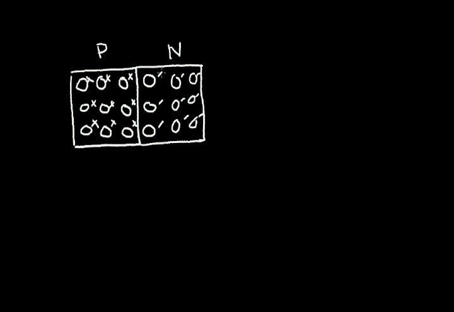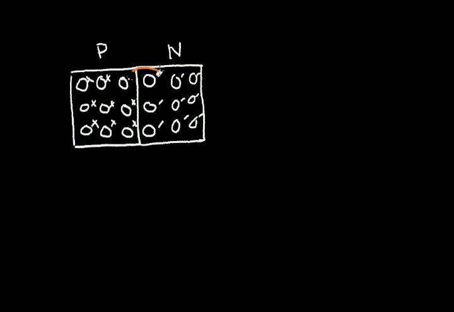Now here I have an electron. Now this electron can move around. It can diffuse over to this location. And when that happens, that electron fills a void in this atom on the left side, in the p-type material. And so it gets locked in to the structure, and it's not free to move around anymore.